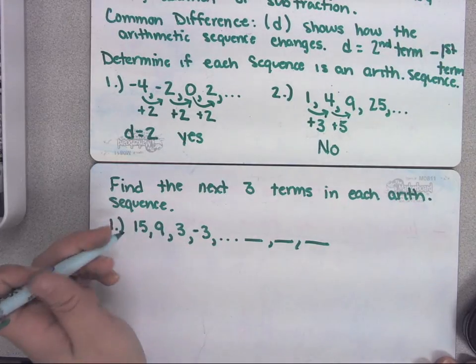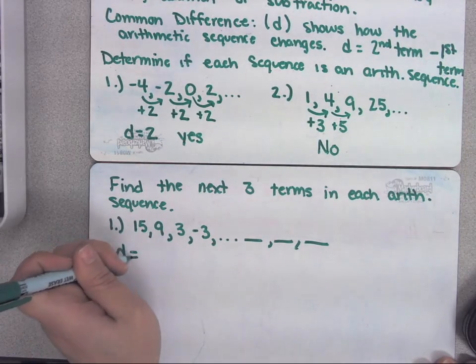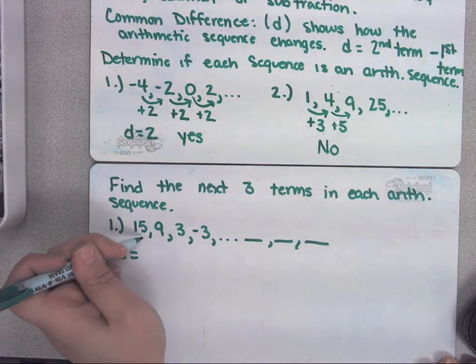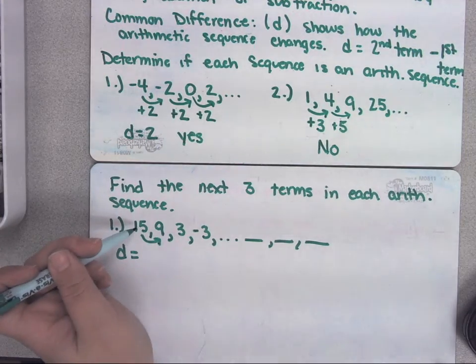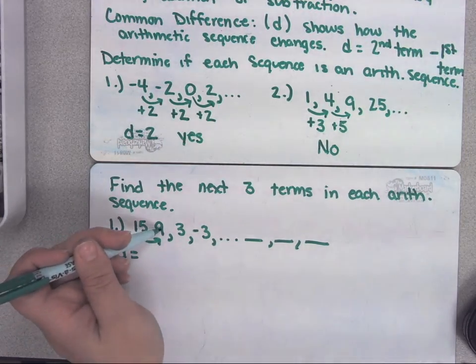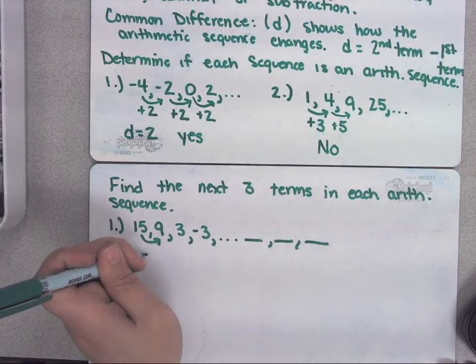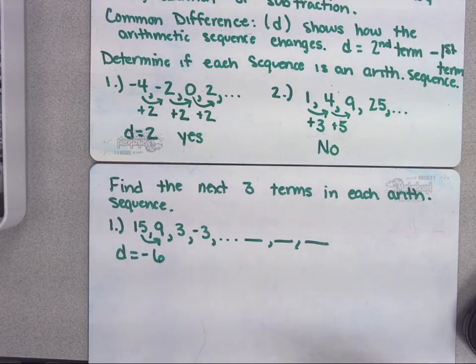Now, to do these problems, every single time you should figure out what D equals. So again, you only have to do it once. How did you get from 15 to 9? Jacoby. Yes, you're subtracting 6. Do you see that?